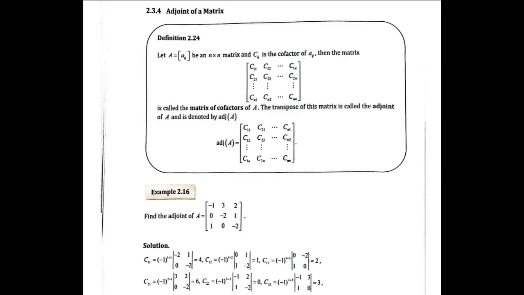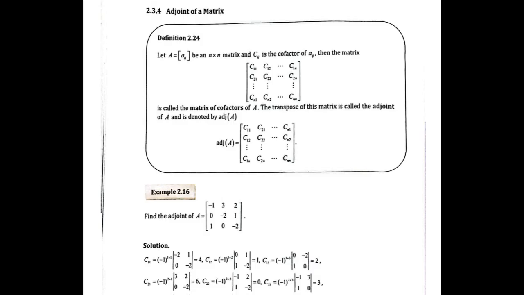We have done transpose before, where rows become columns, columns become rows. So transposing the matrix of the cofactors will give you the adjoint, denoted as ADJ. So adjoint here is just a new matrix formed from the cofactors. In the next topic, we'll see how it becomes useful for building the inverse matrix. But for this chapter, your main goal is to practice how to find minors, cofactors, and the adjoint step by step.